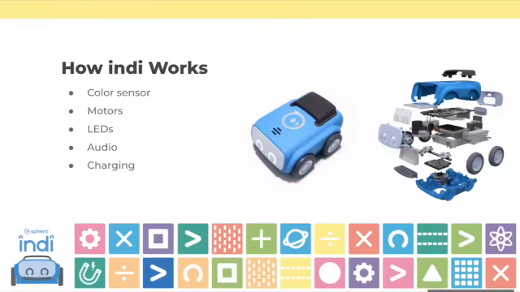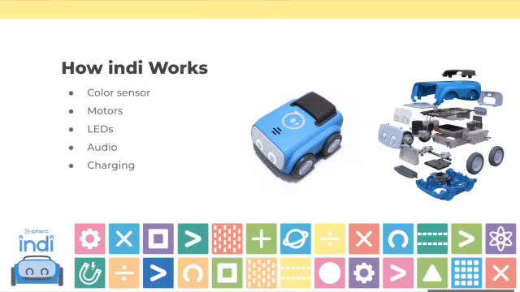All right, so first I'm just going to jump into Sphero Indi. Some of you may be familiar with Indi. This is our new early learning robot that teaches foundational computer science without the use of a device.